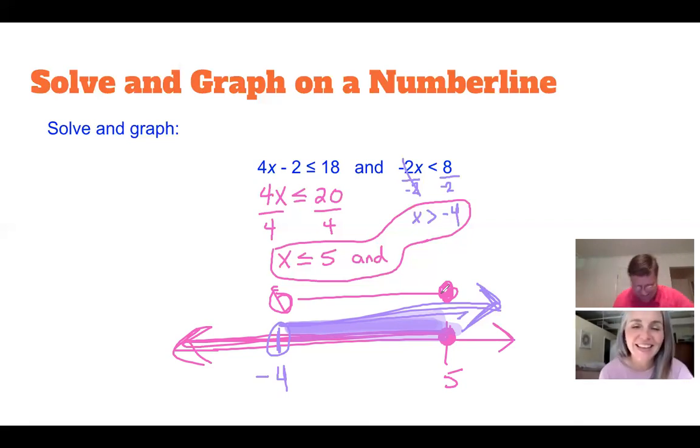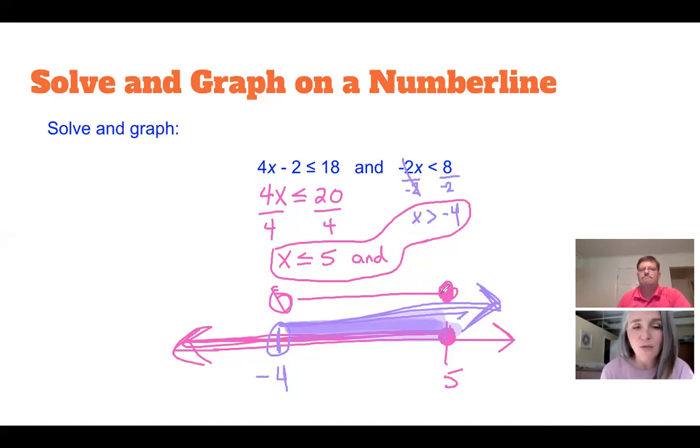Yes. Let's say we ask the question, is 5 a solution to this? 5 is indeed less than or equal to 5, so I am okay on my side. And it is greater than -4, so I'm okay on my side. What about 0? Is 0 a solution? 0 works for me. 0 works for me as well.